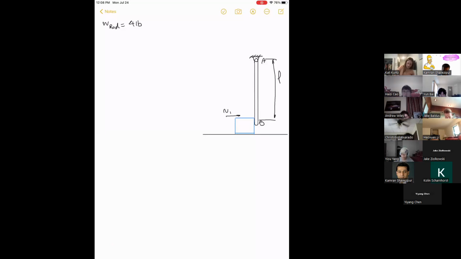The block has a weight of 2 pounds. Then L here is 3 feet, and V1 is 12 feet per second, and the coefficient of restitution is 0.8.